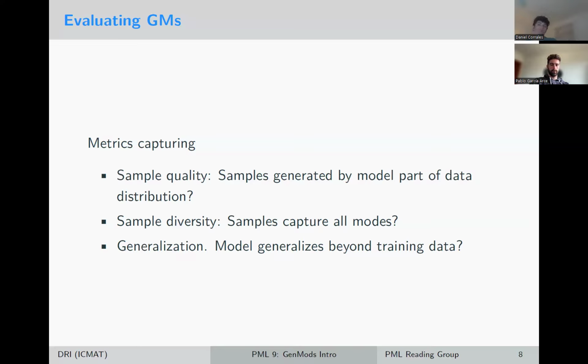And also there's the generic evaluation feature of machine learning models: whether the model properly generalizes beyond training data.